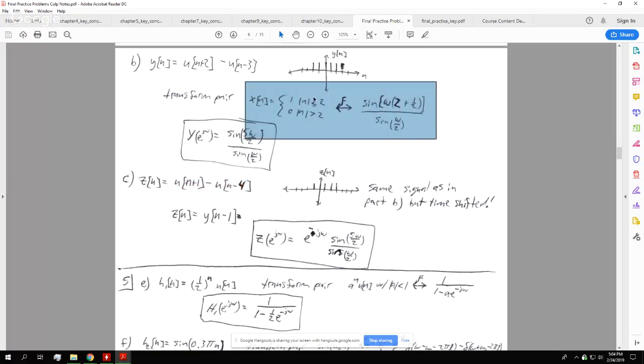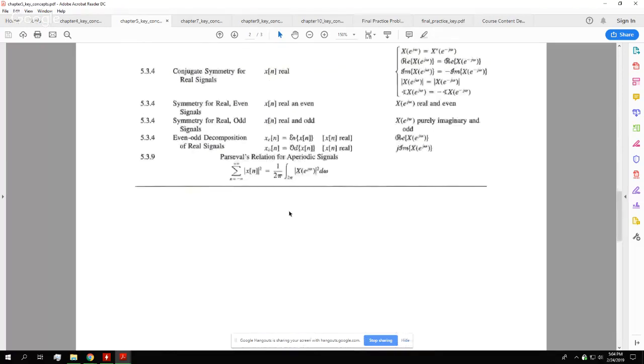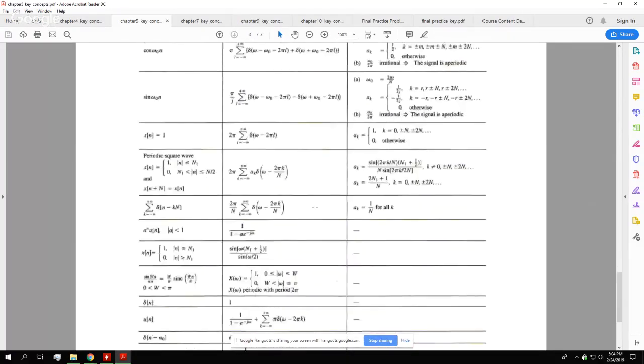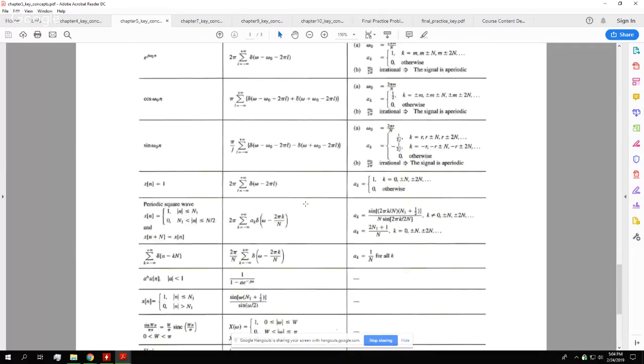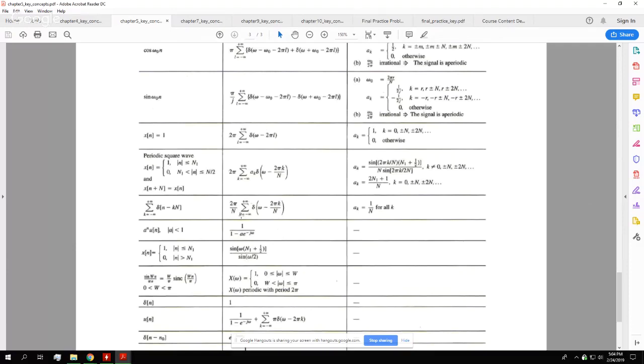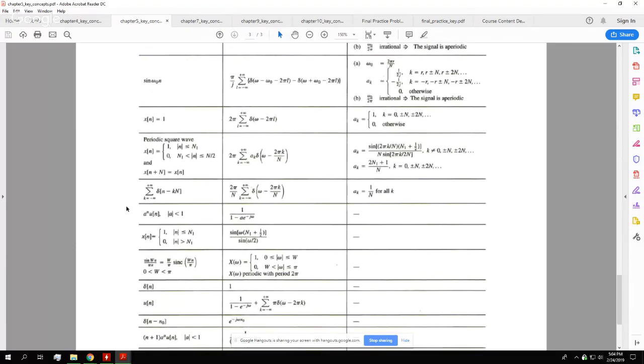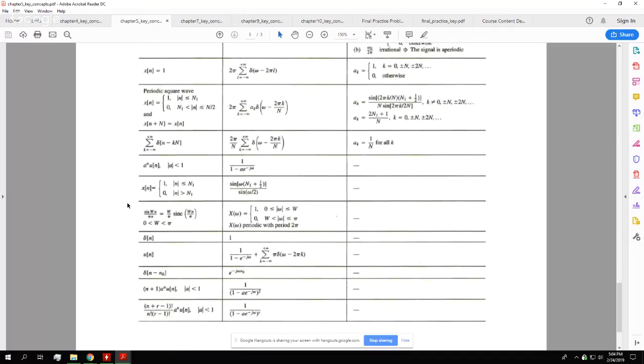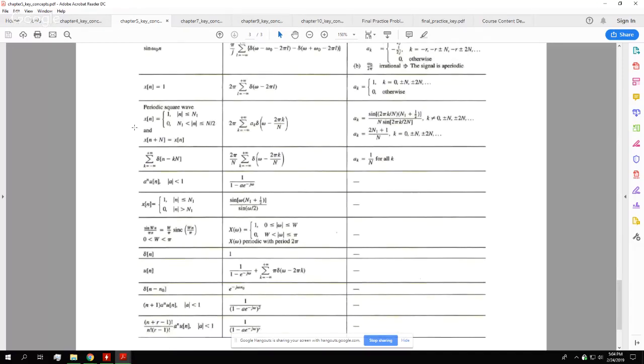Let me pop over to the key concept thing and see this real quick. This is back in chapter 5. So we're going to scroll down. We know we have a signal that is just a sum of unit steps, which is also the same thing as a periodic square wave, but except for it's not periodic, so that's not right. So this is probably closest.